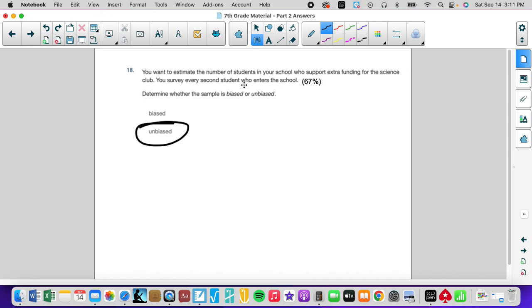If you surveyed every kid that walked into the science room, that's going to be biased. Okay, because those students walking into the science room have a bias towards liking science or taking science, as opposed to a student that doesn't like science, who isn't going to be walking into science and probably would answer the survey differently.